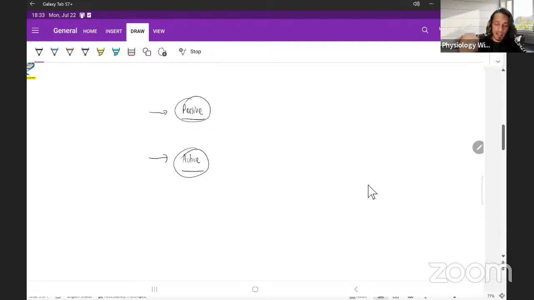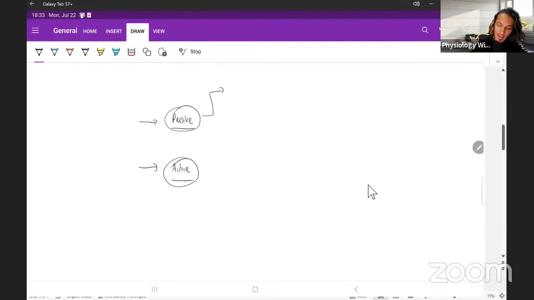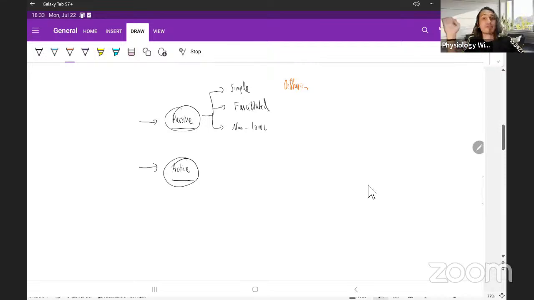Passive transport can be further classified into simple diffusion, facilitated diffusion, and non-ionic diffusion. So under passive, we basically have diffusion, which is simple, facilitated, and non-ionic.